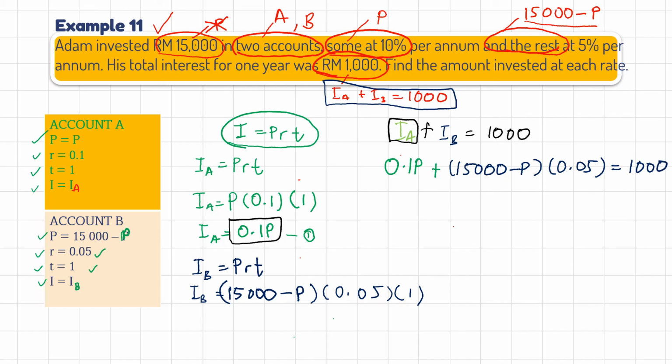So simplify the equation, we will get 0.1P plus 750 minus 0.05P equals 1000.